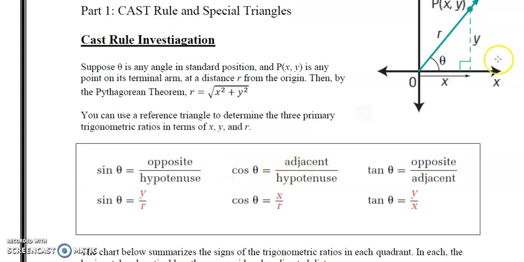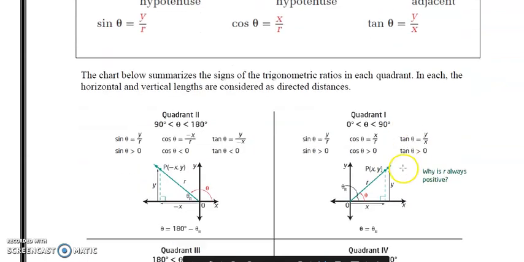Cosine theta is equal to adjacent over hypotenuse, so theta is here, adjacent is x, over r, and the tan of theta is the opposite over adjacent, which is y over x. So these ratios, opposite over hypotenuse, when we apply them to our quadrants, using a special triangle, we come up with these new equations: sine theta equals y over r, cosine theta equals x over r, and tan theta is equal to y over x.